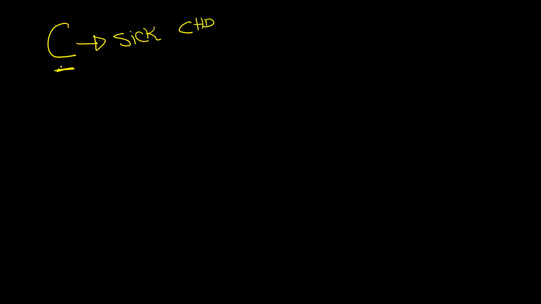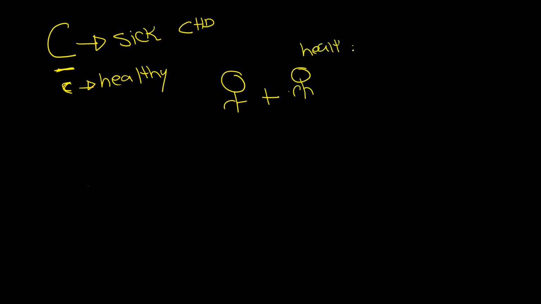So C is a dominant allele for sickness, and the small c means I'm a healthy person and I don't have any sickness, okay? We have here a father crossed with a mother, okay? This mother is healthy. She is healthy. So what is her genotype if she is healthy?